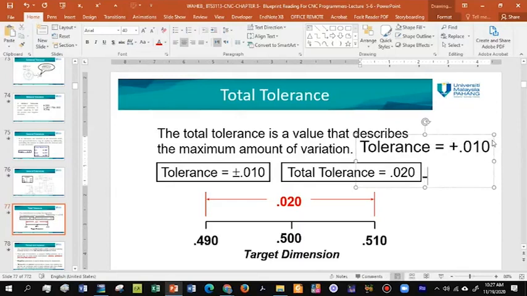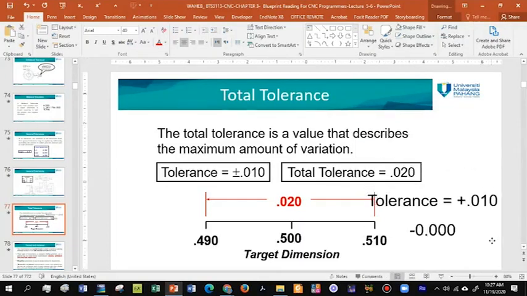So the total tolerance in this case will be only 0.01. It's not 0.02, because the maximum value will be 0.51 and the minimum value will be 0.5, no more 0.49, because we have only a unilateral tolerance here. So this will be the total tolerance for this case.